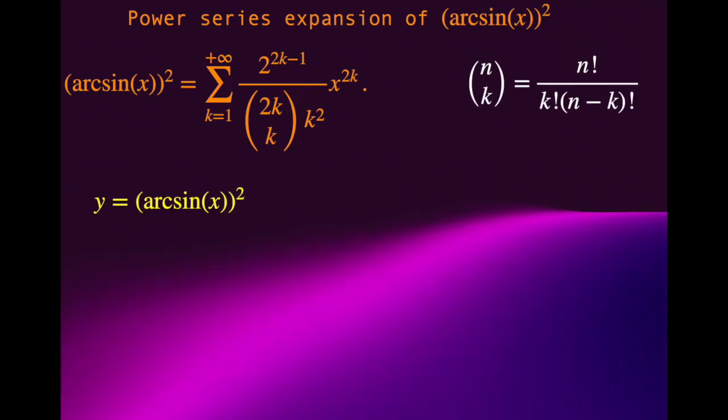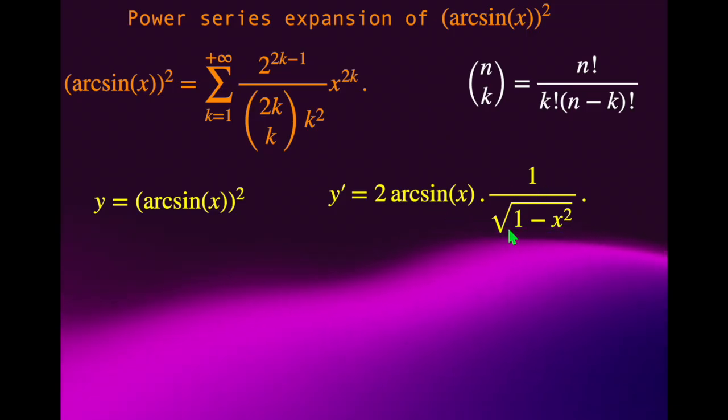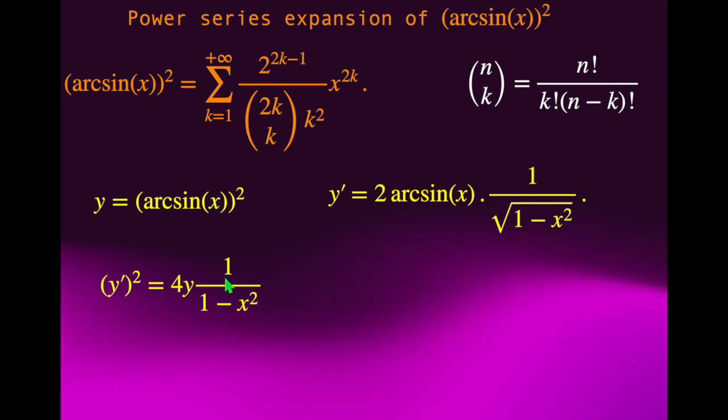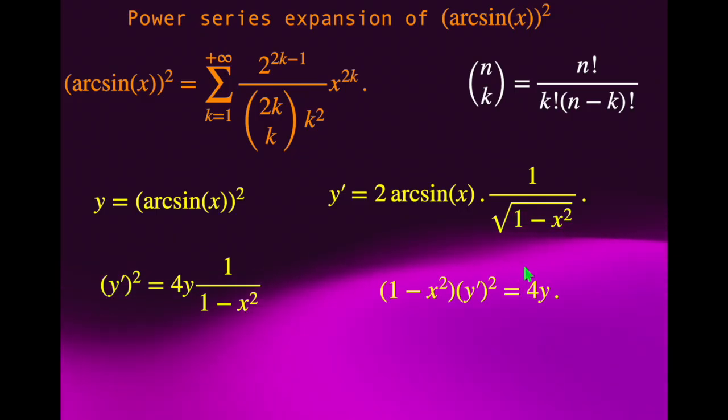Put y equal arcsin x square. Its derivative is equal to 2 arcsin x times 1 over the square root of 1 minus x square. And if you take the square of the derivative, you get this formula. Now we multiply by 1 minus x square, and we get this formula.